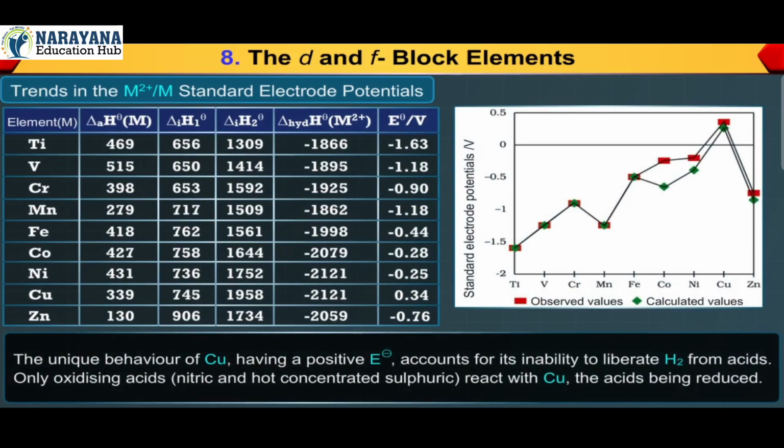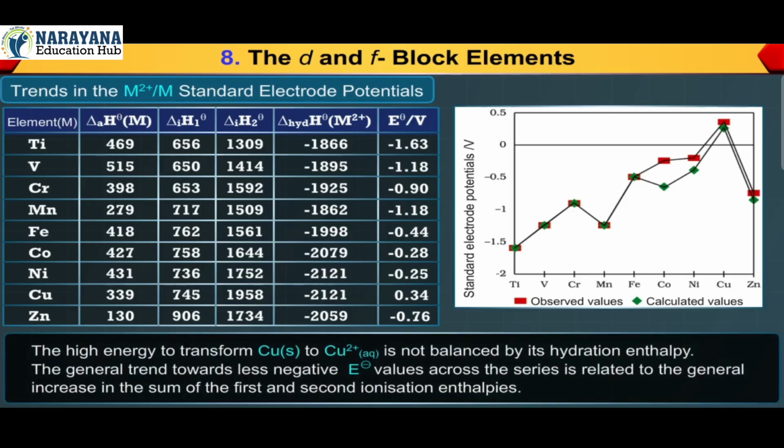The unique behavior of copper, having a positive E standard, accounts for its inability to liberate H2 from acids. Only oxidizing acids, that is, nitric and hot concentrated sulfuric, react with copper, the acids being reduced. The high energy to transform Cu solid to Cu2+ aqueous is not balanced by its hydration enthalpy.